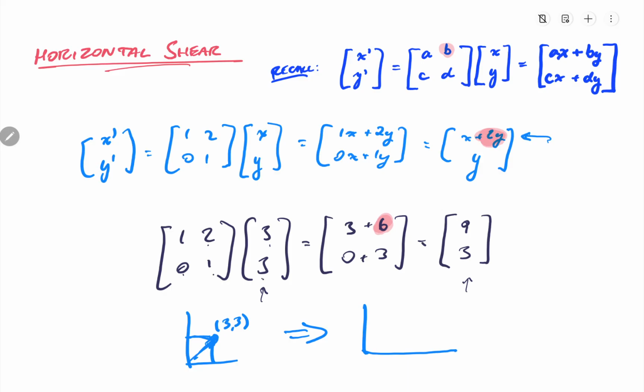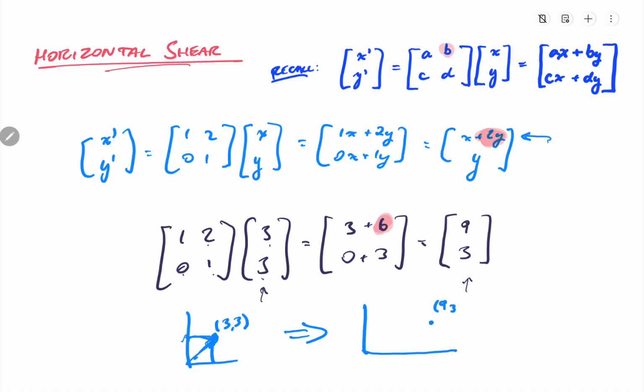So we have a 9 and 3. For the square analogy to work, we're going to have to look at every corner of the square. So let's see where that takes us. With our first corner, our 3, 3, that gives us a 9 and 3.